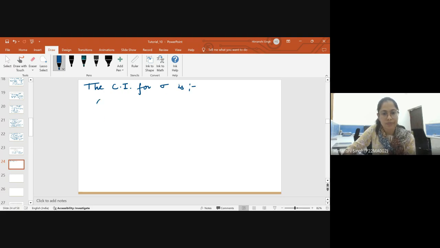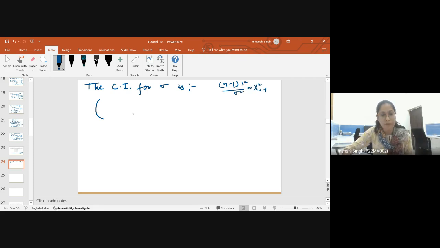Since the variance is unknown, we are finding out the standard deviation. We are using that n minus 1 into s square by sigma square follows chi square with n minus 1 degrees of freedom.